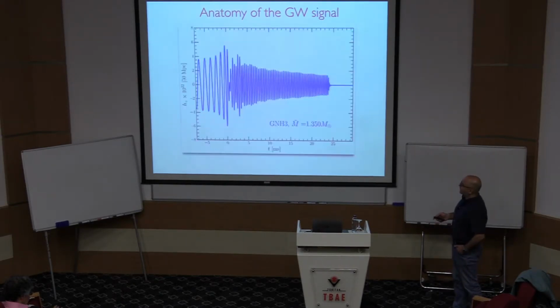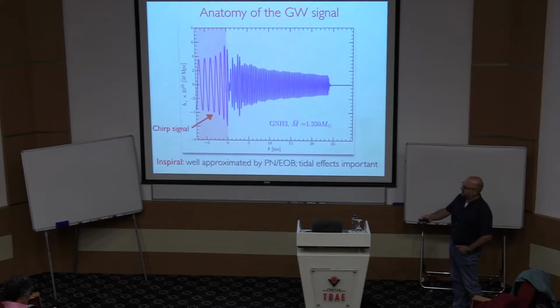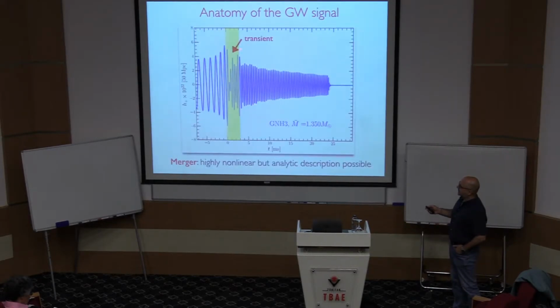If you want to look at what a binary neutron star waveform looks like, it's like so. It has, again, a chirp signal, and you have to imagine this waveform goes in this direction for about 10 million years, but we're interested just in the last 5 milliseconds. Then there is a transient over here. There is a part produced by the hypermassive neutron star.